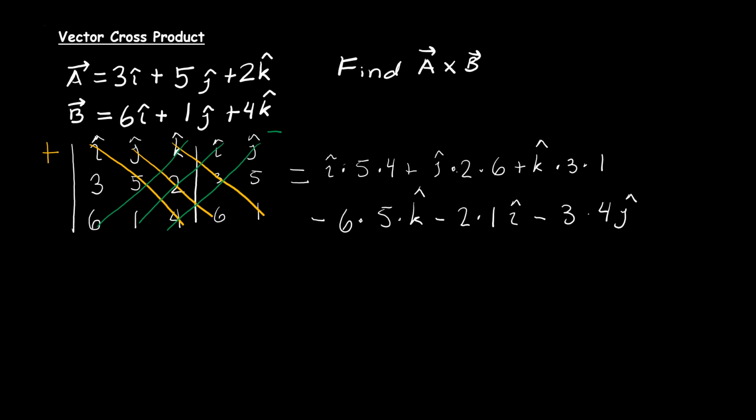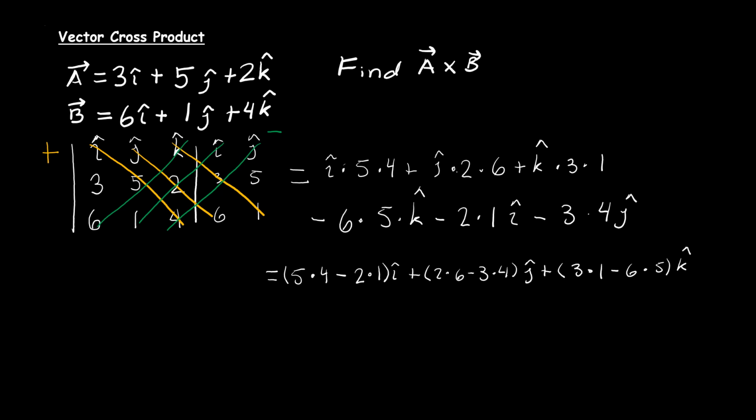All right, so let's combine these. So we're going to have 5 times 4 minus 2 times 1 i hat, plus 2 times 6 minus 3 times 4 j hat, plus 3 times 1 minus 6 times 5 k hat.